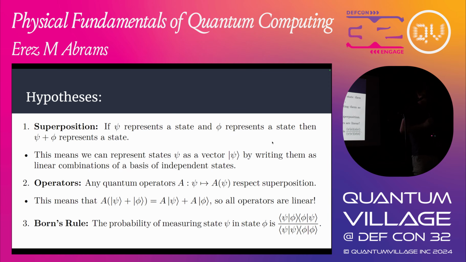The state could be it's in the 1s orbital, or it's in the 2p orbital, or it's in a superposition of the 1s and 2p orbitals, or it's in some hybridized fancy chemical stuff. I don't know, I'm not a chemist. But we can represent what is actually going on with this electron. That's a state. Does that make sense? Okay. There was another question, I think?